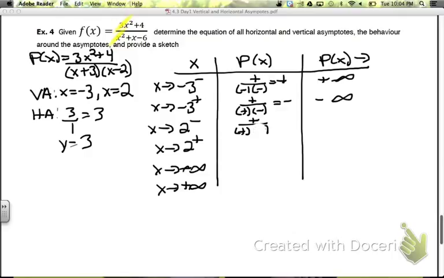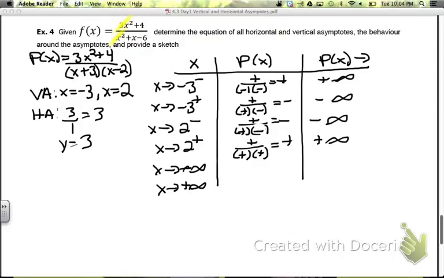Pardon me. So that would give us a negative, so that would be negative infinity. As x approaches 2 from the positive side, this is where we'll have our positive times our positive, giving us a positive, and therefore approaching positive infinity.